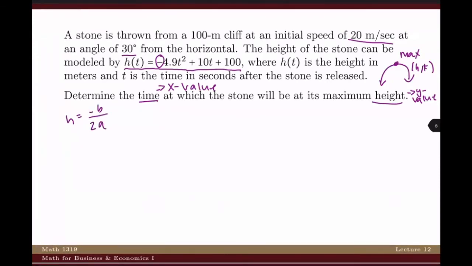So in our equation here, we're going to have a is equal to -4.9, b is equal to 10, and c is equal to 100.